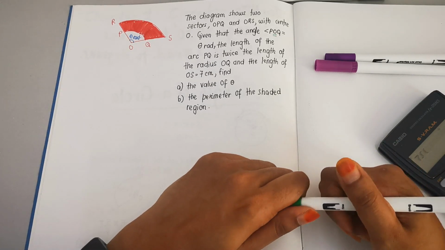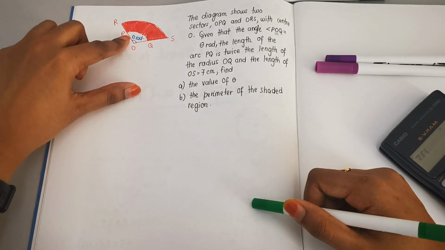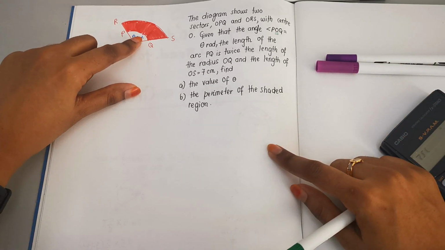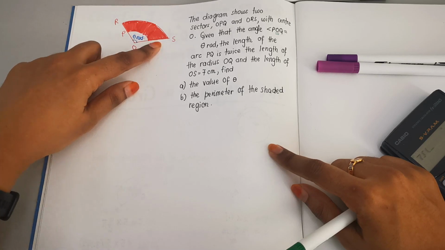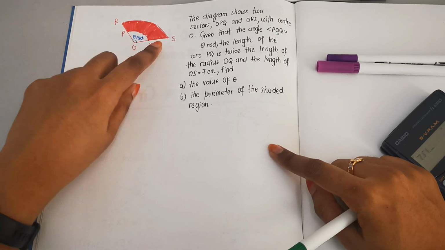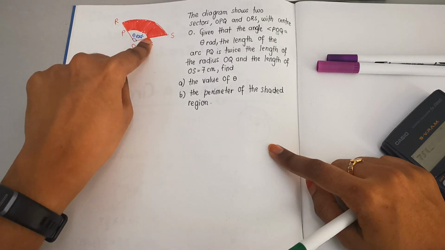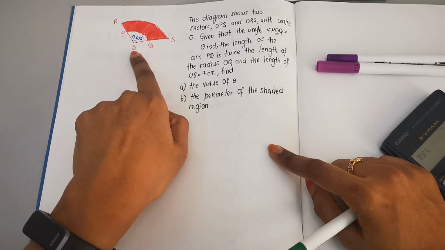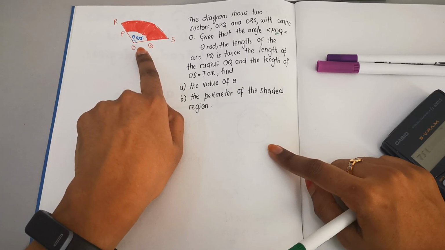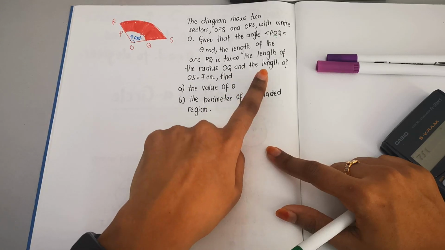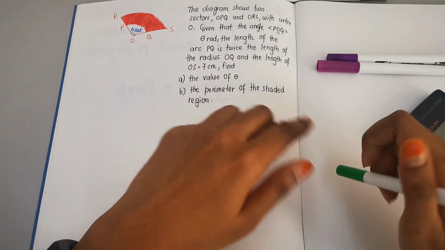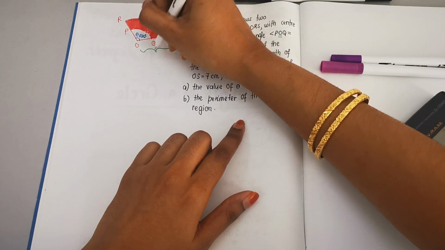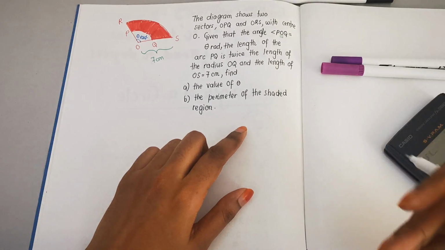The length of the arc PQ is twice the length of the radius OQ. Let me read again: the length of the arc PQ is twice the length of the radius OQ. Just make sure we understand that. And the length of OS is 7 cm. So at least now I know this one, this whole thing here, 7 cm.